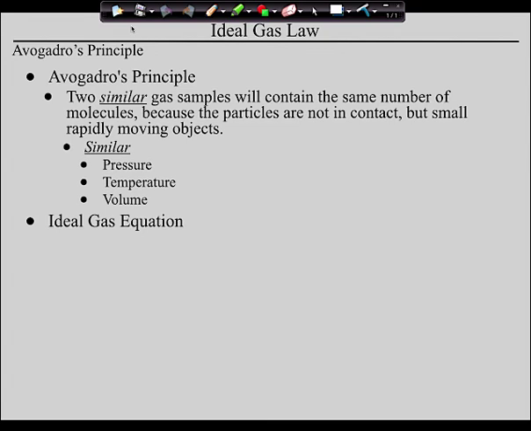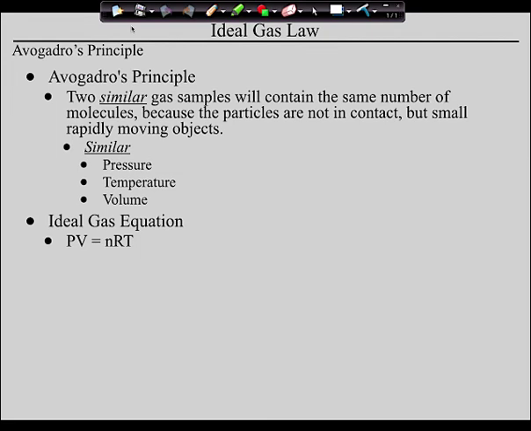But guys, how do we count numbers of molecules? In what units? Moles. And the ideal gas equation brings these 4 variables together, and it does it like this. It is the PV = nRT equation.